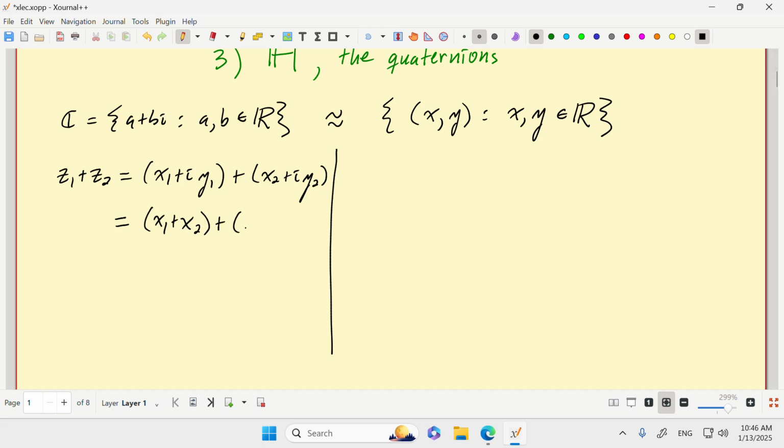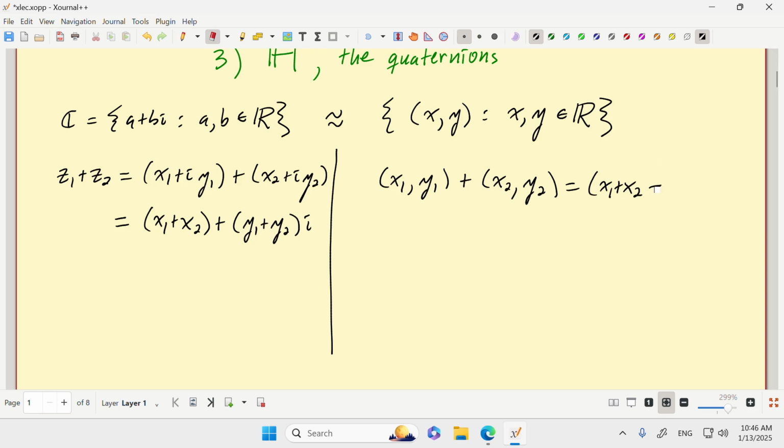So you just add the real parts and imaginary parts and get a new complex number. You can think of that in the plane also as adding (x1, y1). This is just vector addition. So the addition of complex numbers is just like vector addition. And this thing on the right is a very formal way of thinking about this.